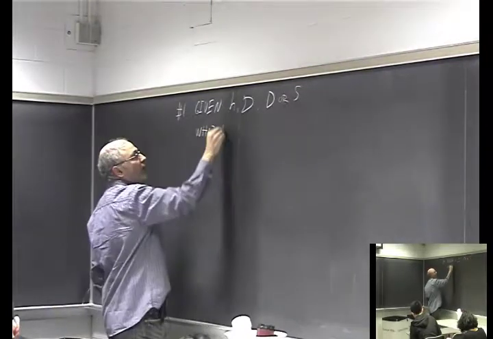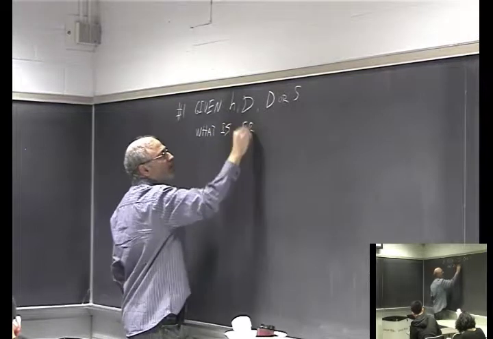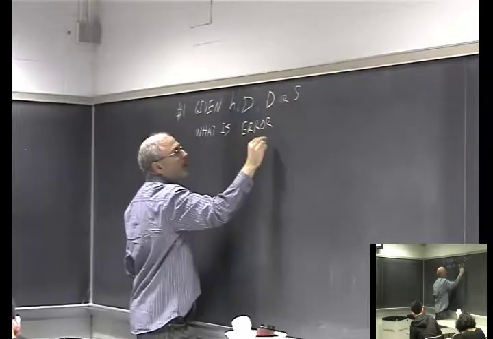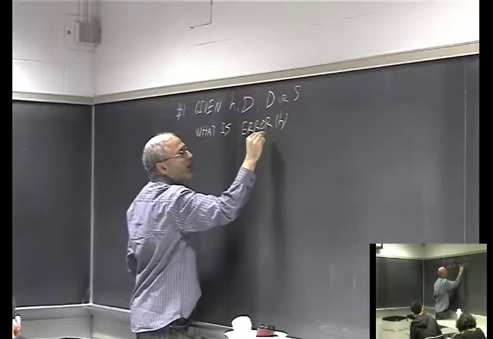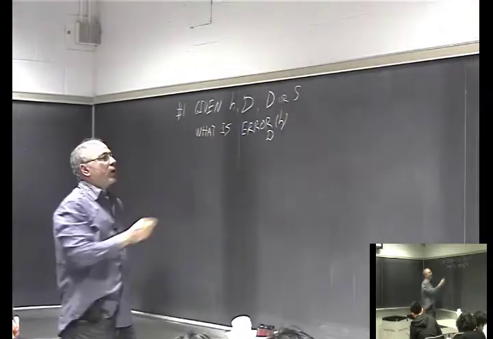What is the error of the hypothesis H under the distribution curly D? This is what we call true error.